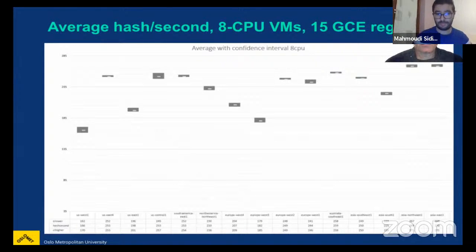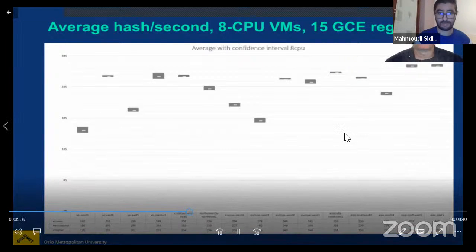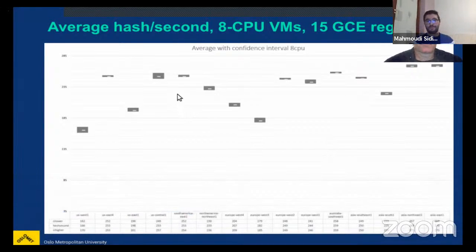Initially we also measured the average hashes per second for all the various VMs, and as we can see, there is quite a large difference. So part of the idea of this work is to pick the VMs at any time which are most efficient, meaning producing the most hashes per second.